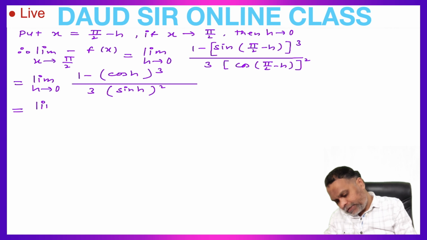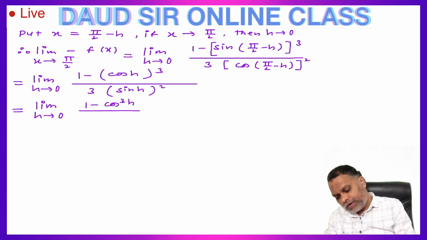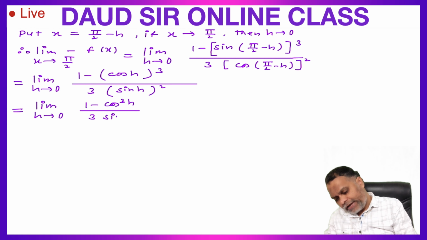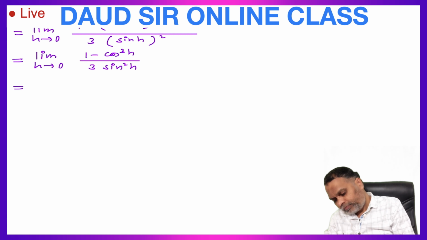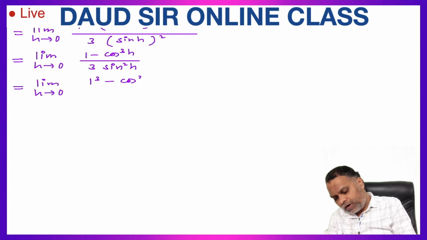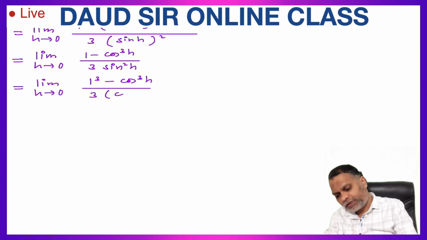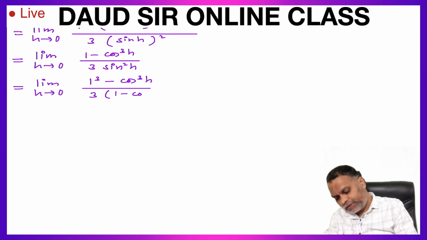Now simplify this. Limit h tends to 0, (1 minus cos cube h) upon 3 sin square h, which is equal to limit h tends to 0, 1 can be written as 1 cube minus cos cube h upon 3, and sin square h we can write as 1 minus cos square h.